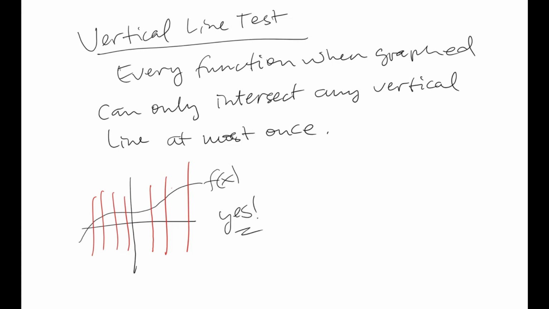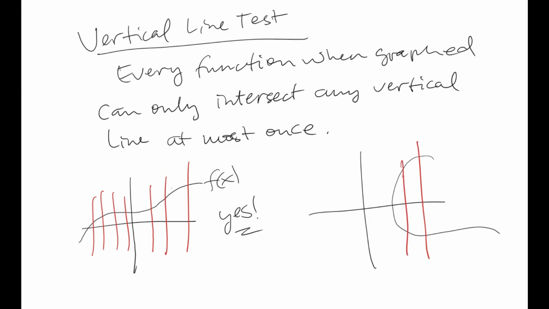Now if I give you something like this instead, where it kind of curves in on itself, then a vertical line will hit it twice. In fact, a lot of vertical lines would. Now you could say, well, this line doesn't, but that's okay. It says any vertical line. So this one is not a function. All right. And so that's functions.